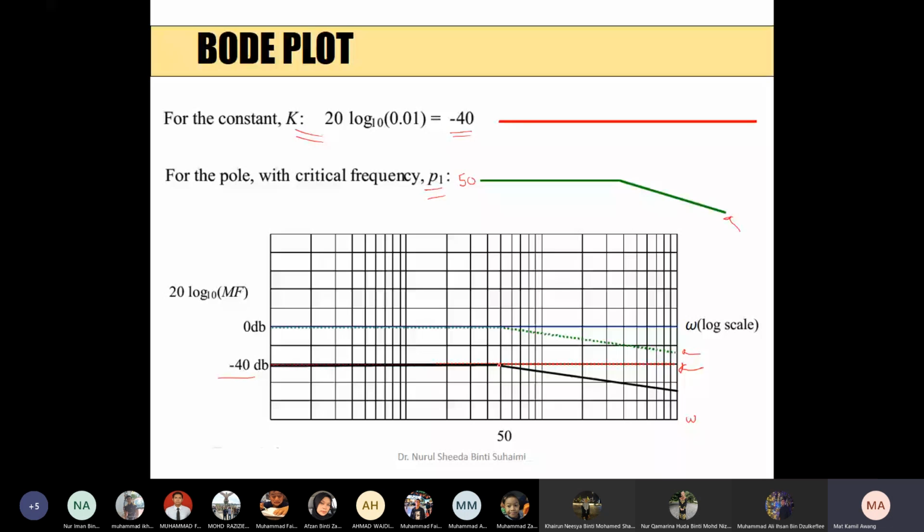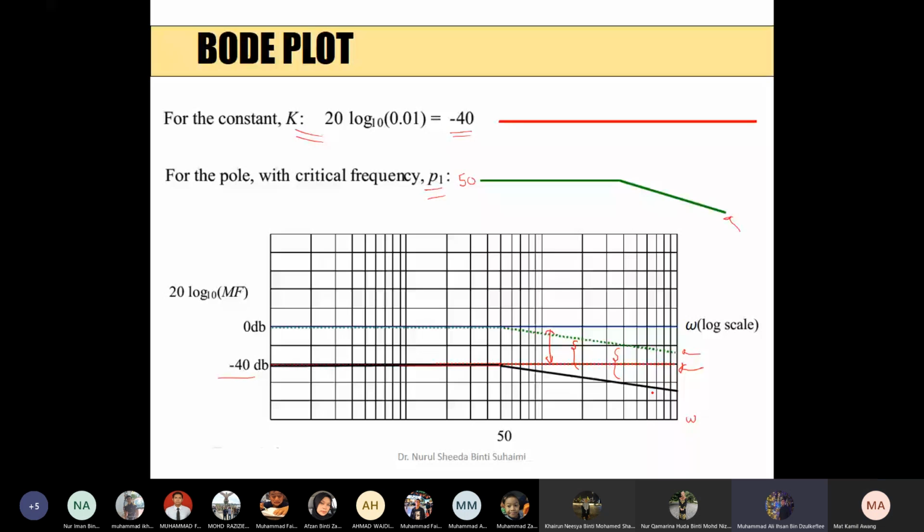That's why it goes down, parallel to the drop, because of the drop from here to here of the red line. So the final one is the black line. Yes, this is the final line.